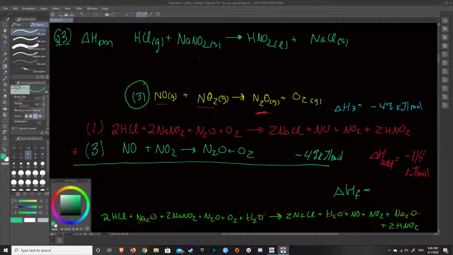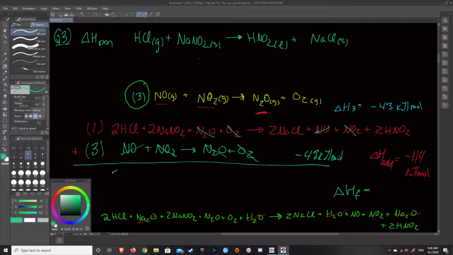Let's see how we can cancel this out. NO2 on the left of the equation, NO on the right. So those cancel out. NO2 on the left, NO2 on the right. Those cancel out. O2 on the right, O2 on the left. Those two cancel out. And N2O on the left and N2O on the right. Those two cancel out.